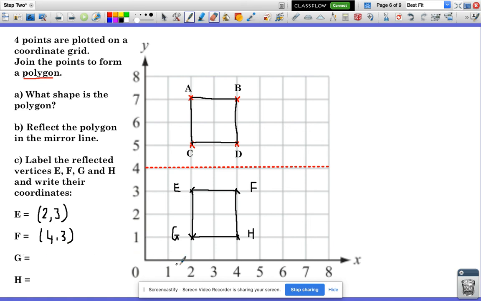G, on the corridor to 2 and up is 1, so 2 and 1. And the last one is H, along the corridor to 4, up the stairs to 1. So 4 and 1. There we go.